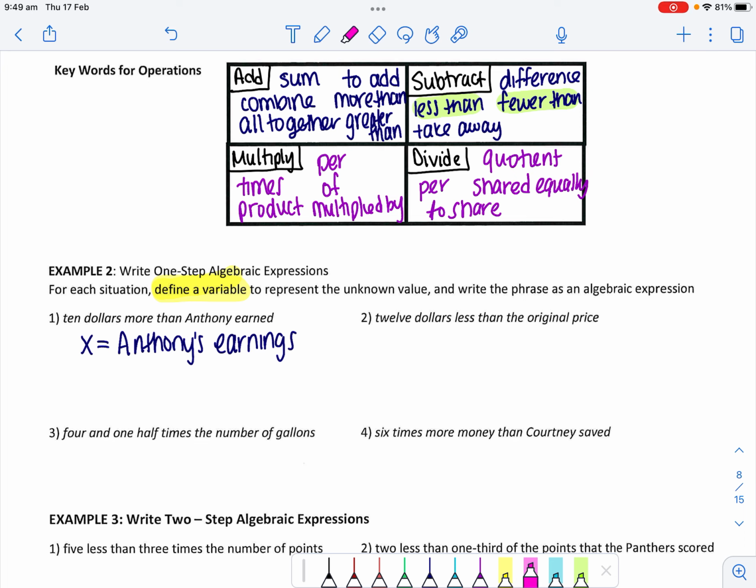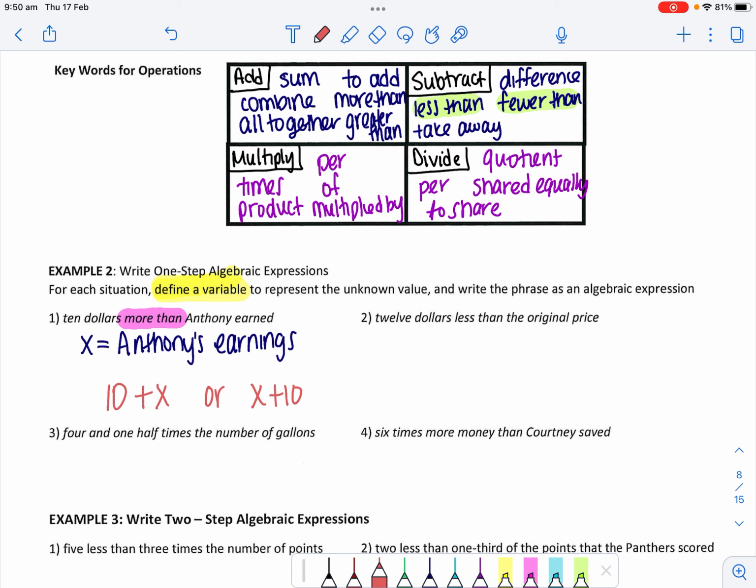Well, it says $10 more than Anthony earned. Well, I wrote more than in the addition box. So I'm going to say X plus 10. Or I can say 10 plus X as well, because the order of addition does not matter. If I put Anthony first and then add $10, or if I have $10 and then I add Anthony's money, it's going to be the same answer.